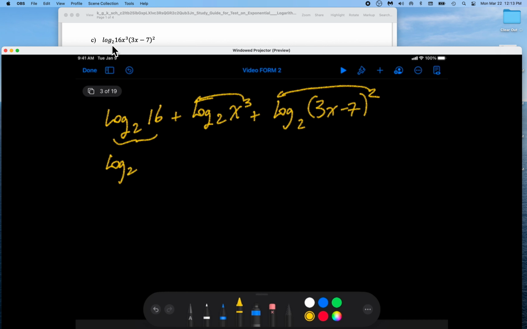If I have log to the base 2 of 16 equals x, we do whirlybird. That means 2 to the x equals 16, and x is going to equal 4. So I'm going to replace that term with 4.